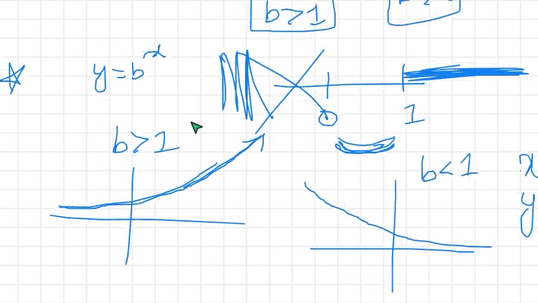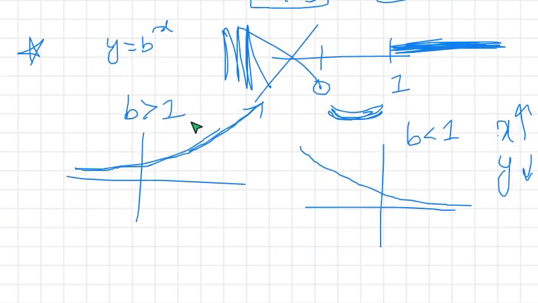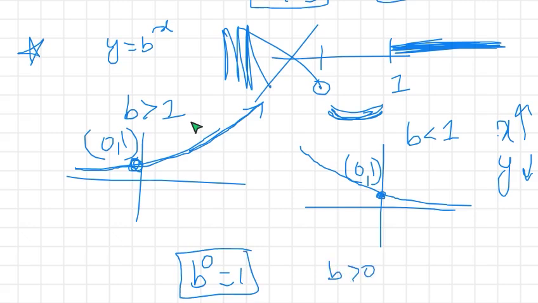This point is common for both. Can you guess the coordinate of this point? 0, 1. Why is it 1 for both? Because any number to the power of 0 is 1. So base to the power 0 is 1.